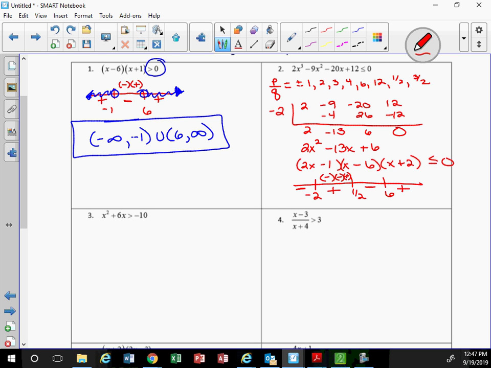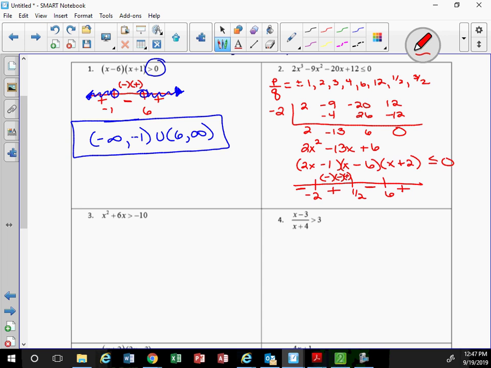That's what I mean by alternate. The signs are going to go plus, minus, plus, minus. So if it was 2x minus 1 quantity squared, that would mess with the alternating signs.